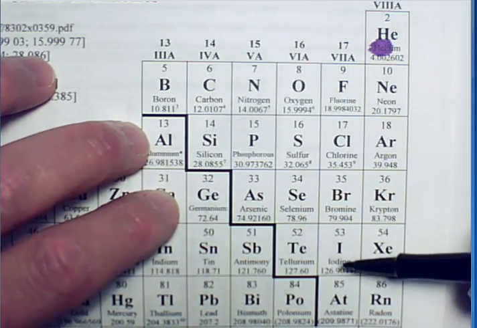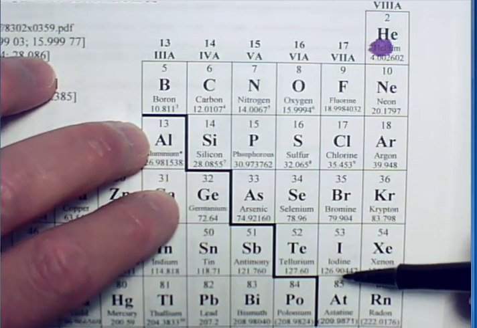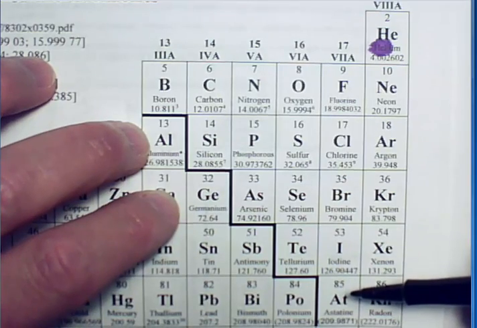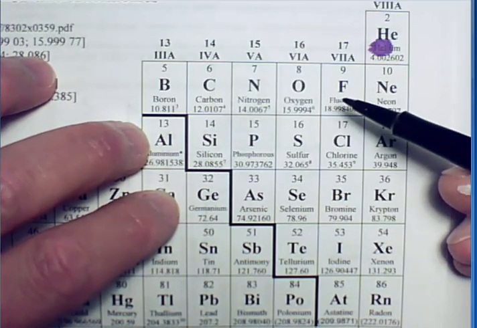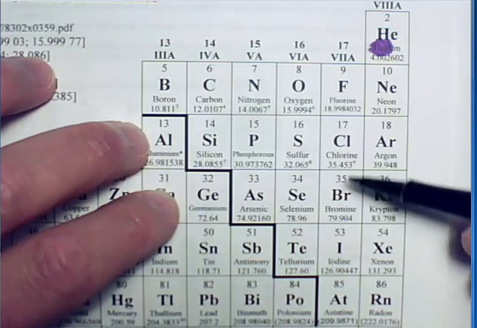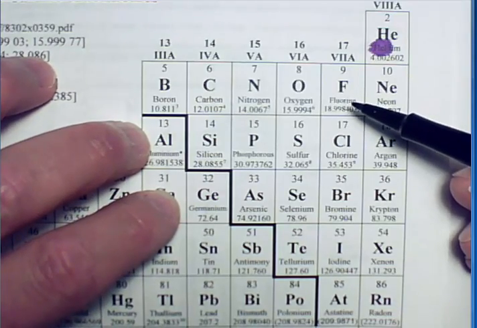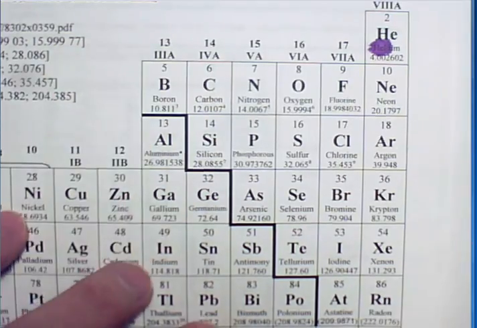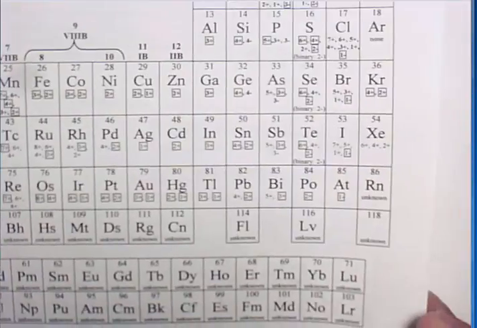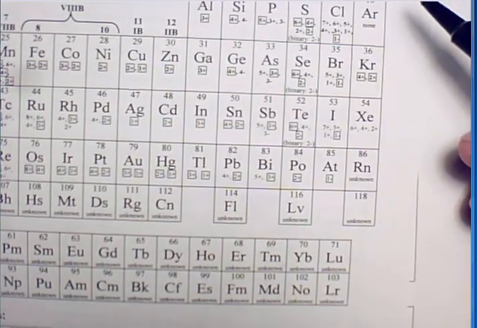Okay? So what charge are they most often going to have? They gain 1 electron. I'm sorry, did I say lose? Gain 1 electron. So they're going to have a 1 negative charge. Okay? Let's take a look at the periodic table on the next page.